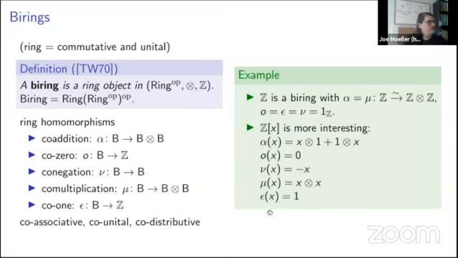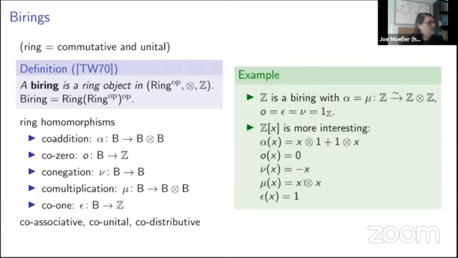There are some easy examples of birings that appear. So Z is a biring, and all of the structure maps are pretty trivial, so I won't spend much time on it. But the ring of polynomials in one variable has a slightly more interesting biring structure. Here's all the formulas for it.